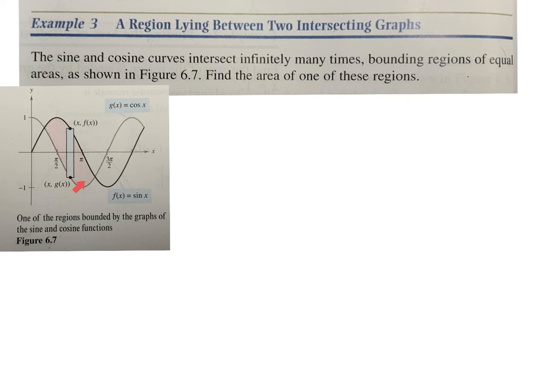And so we do have to figure out where they intersect, and we're going to do exactly the same. This is just trig instead of a regular function. They want sine and cosine. So we're going to say, well, where do the sine and the cosine functions equal each other? Just one of these regions.